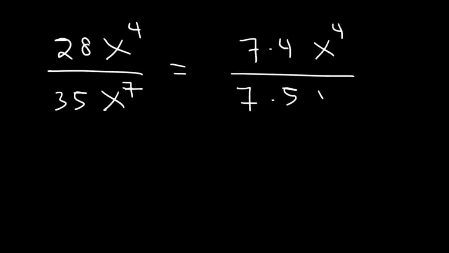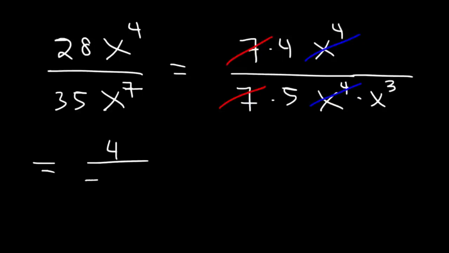X to the 7th, I want to write it as x to the 4th times x to the 3rd, because 4 plus 3 adds up to 7. Notice that I can cancel a 7, and I can cancel x to the 4th. So the final answer is 4 divided by 5x cubed.